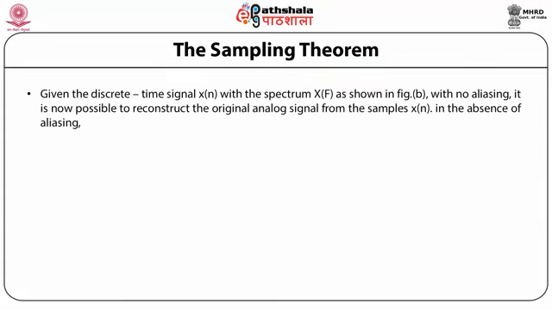So given the discrete time signal x(n) with the spectrum X(F) as shown in the above figure with no aliasing, it is now possible to reconstruct the original analog signal from the samples x(n) in the absence of aliasing.